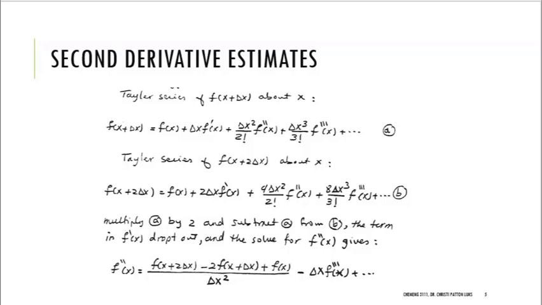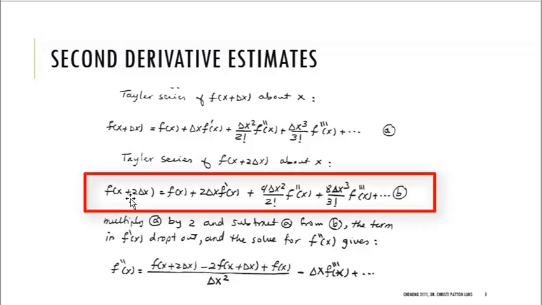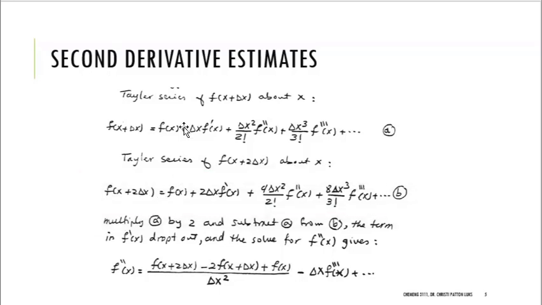So one way to eliminate that piece is to look at, instead of just going x plus delta x, let me also do a Taylor series for f of x plus 2 delta x. If I do that, then I'm going to have these terms that are just functions of x plus delta x, x plus 2 delta x, and x, and then I have these pieces that have the derivative.